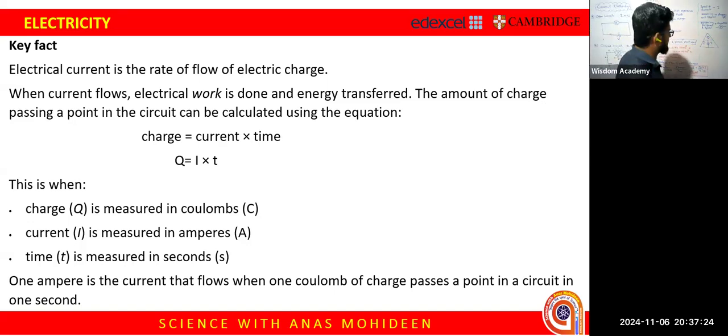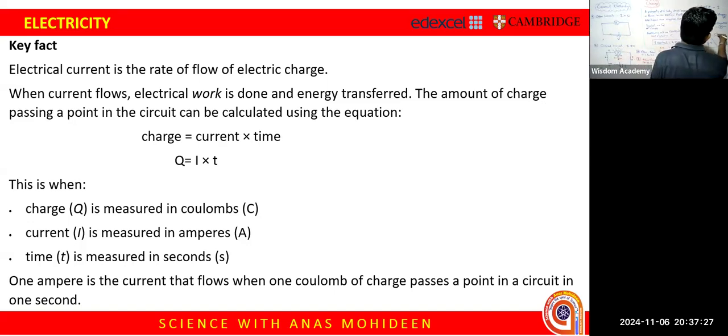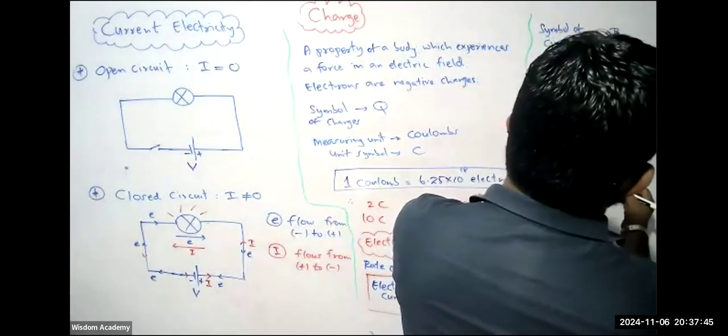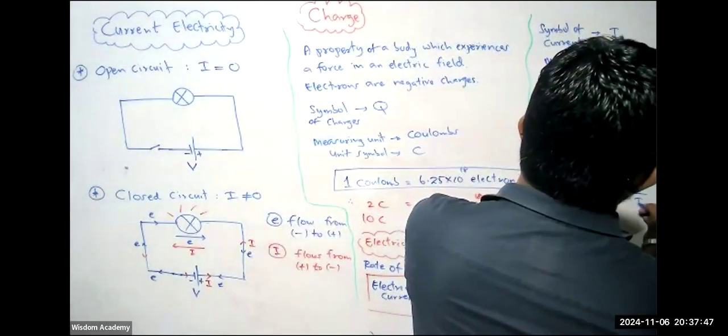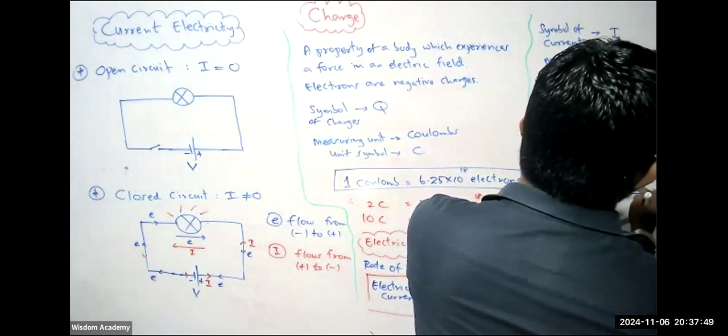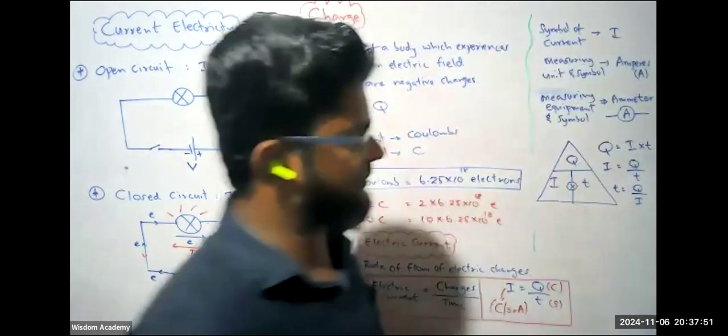If you want to find I, I is equal to Q over T. And then T is equal to Q over I. So these are the rearranged formulas.